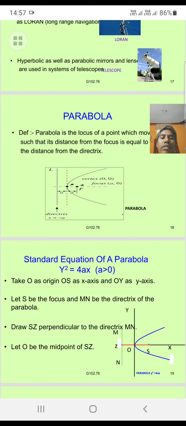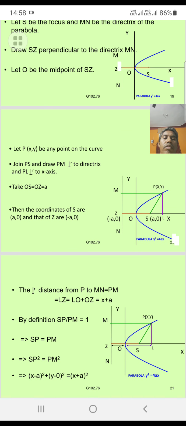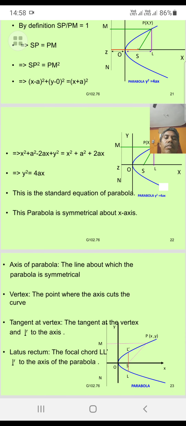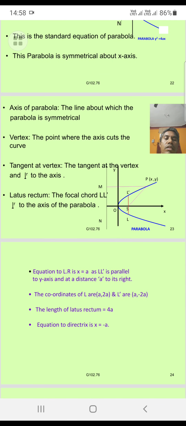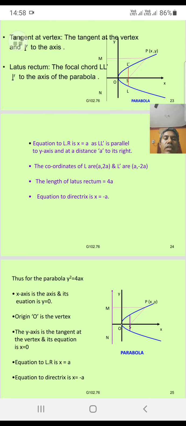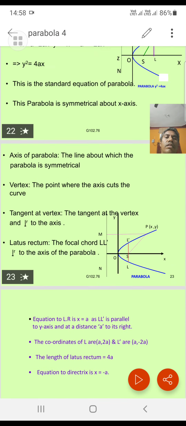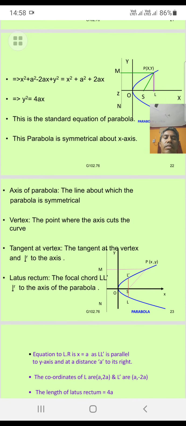All these we can find from the equation, and by using these points we can form the equation. So we can do it both ways, and on this condition there are so many problems given in the exercise also.